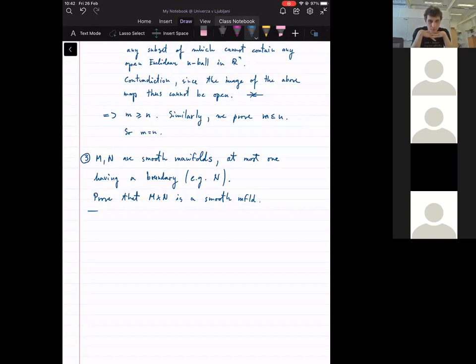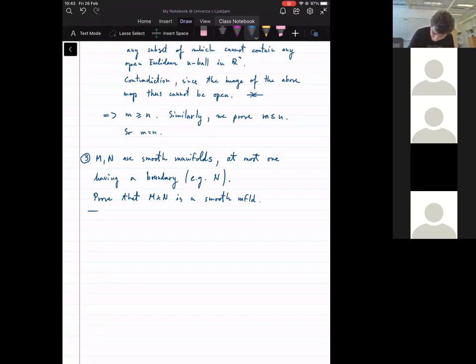Probably just the open sets are going to be the products of open sets in M and N. And then the charts, probably the first component is going to be phi alpha, for example, and the second one is going to be psi beta, one for M and the other one for N. Yeah, so what you're saying is, first of all, the topology should be the topology of box open sets, right? And secondly, the construction of charts should be something natural, right? This is what I've inferred from what you've just said.